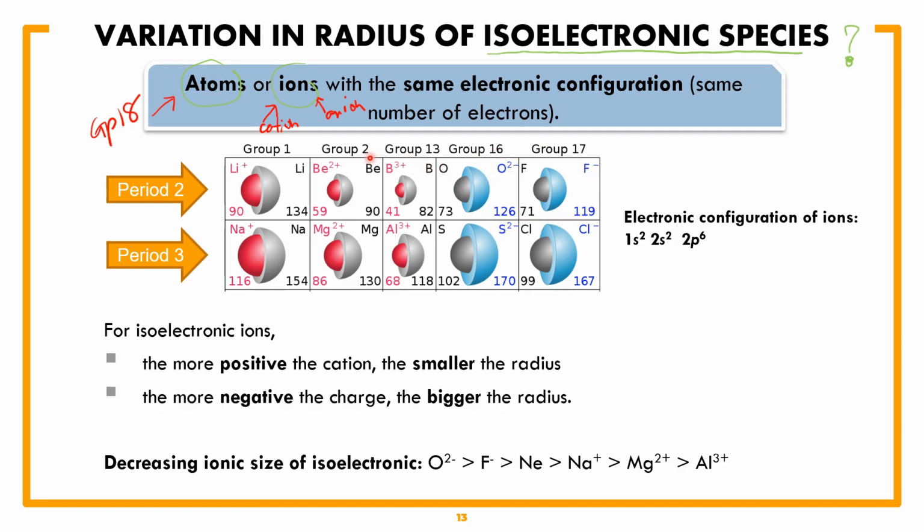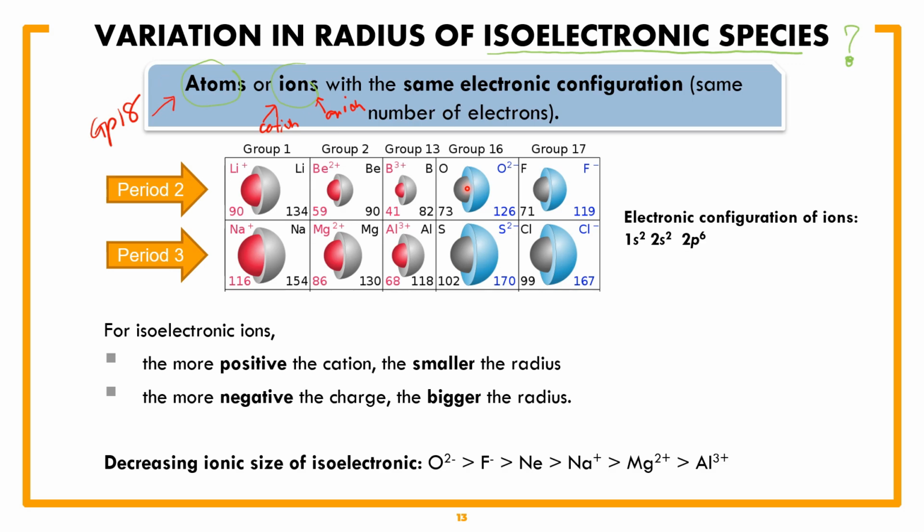But electron configuration for these three cations in period 2 is not the same as the electronic configuration of these anions. Tak percaya? You can write the electronic configuration of the ions. Practice yourself.